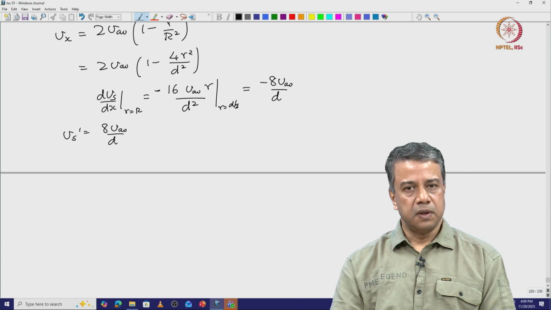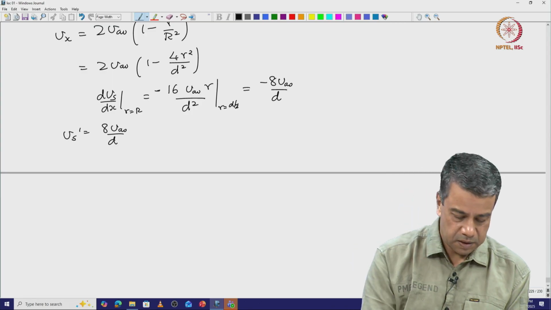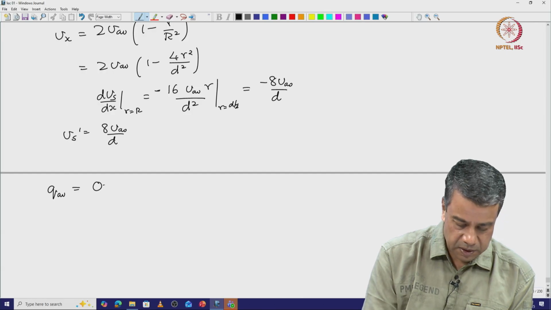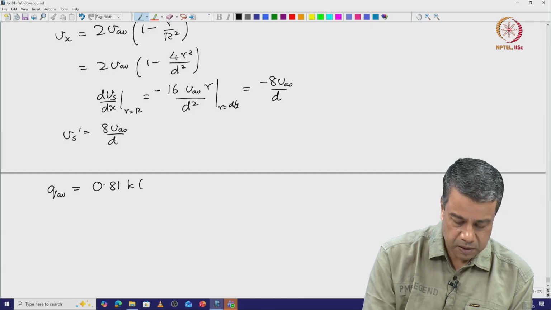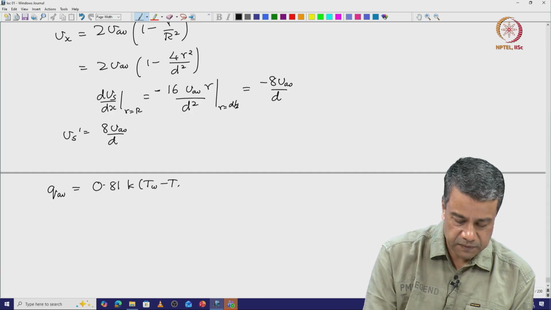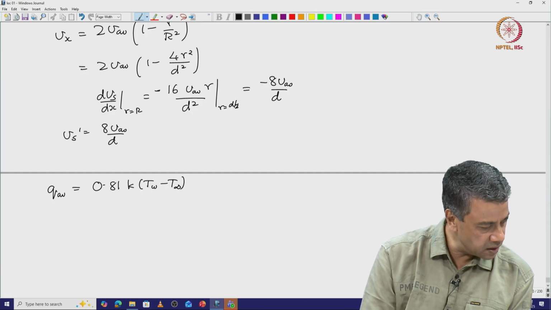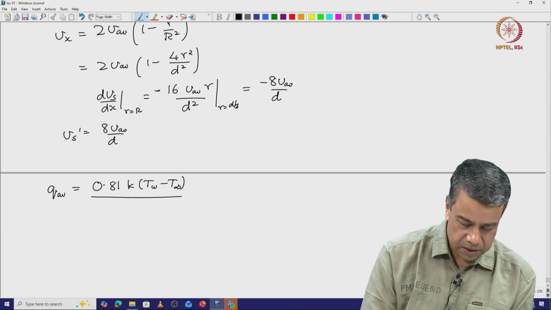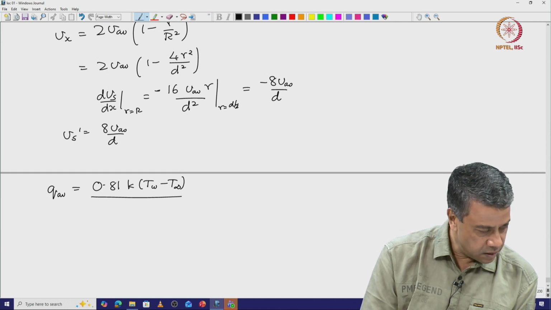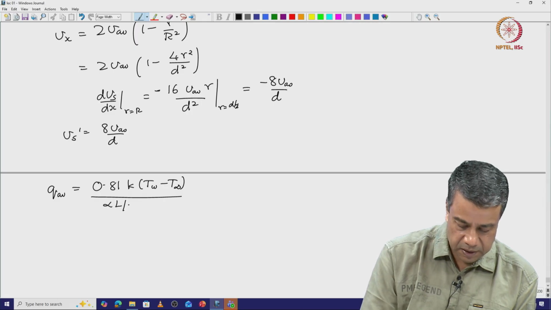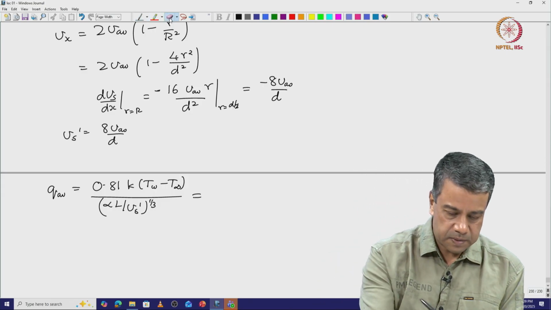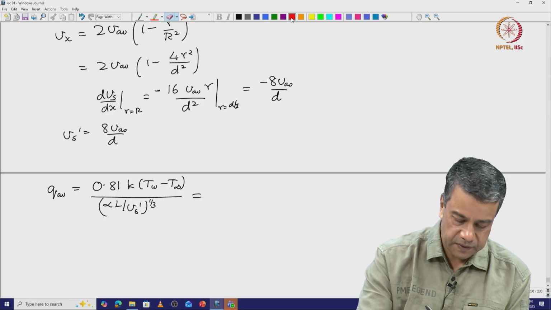Now, the average flux, Q average, we had calculated as 0.81 K into Tw minus T infinity, where Tw is the wall temperature and T infinity is the temperature in the fluid, into alpha L by Vs prime power 1/3. And I have to substitute this for Vs prime.